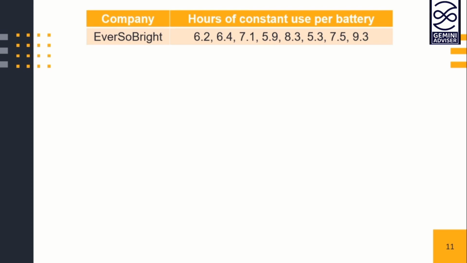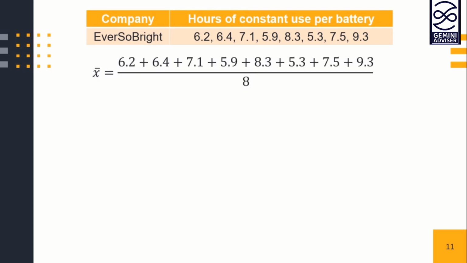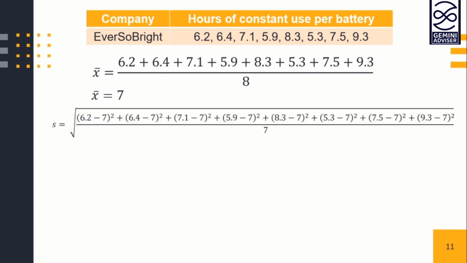So paano natin kunin yung standard deviation? Of course, kunin muna natin yung mean or yung average nila. So, add lang natin yan, then divide by 8. So the answer is 7. After natin makuha yung value ng average ng batteries or yung mean value natin, proceed tayo sa pagkuha ng standard deviation.